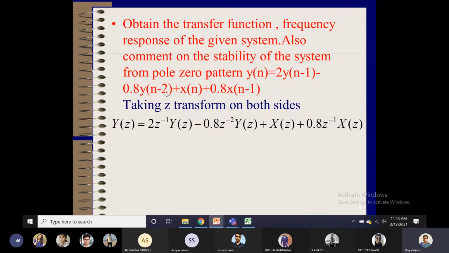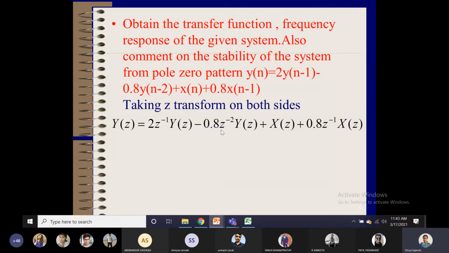Now y of n minus 2 is shifted by 2 units, so it will be multiplied by z raised to minus 2. So z raised to minus 2 Y of z plus x of n transform is X of z plus 0.8 into x of n minus 1, shifted by 1 unit, so z inverse X of z. So this is the z transform of the given equation.